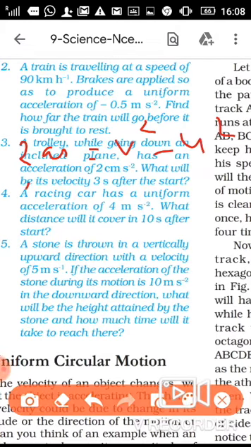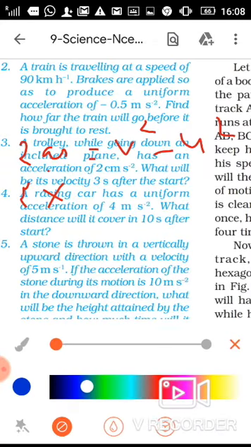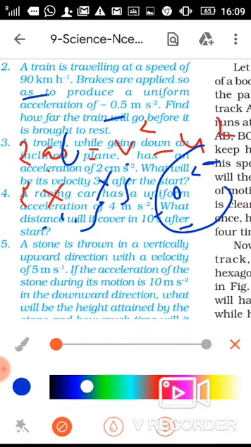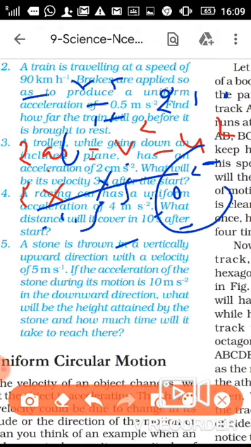Then 2 into a, which is given as minus 0.5, into s is equal to v square minus u square. V is 0 because you applied the brake. 0 square minus u square. What is u? You change it into meter per second, multiplying by 5 by 18, then it becomes 25 meter per second. Then you use the formula and you will get your answer.